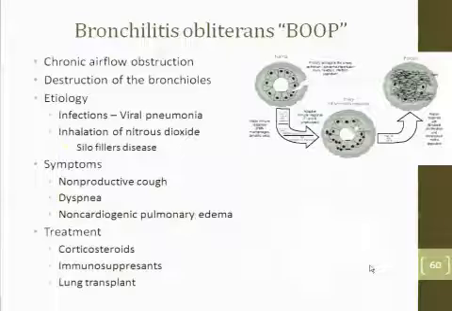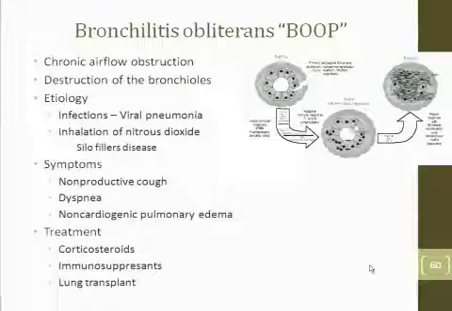You also have another disease called bronchiolitis obliterans, called BOOP. Thank goodness, this is a very rare syndrome. It's a chronic airway obstruction, which leads to eventual destruction of the bronchioles. We don't know exactly what the total etiology is, but we think it's initiated maybe by a virus, or may also be seen in patients that work in silos.